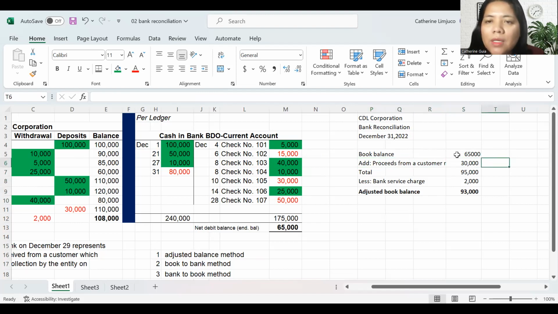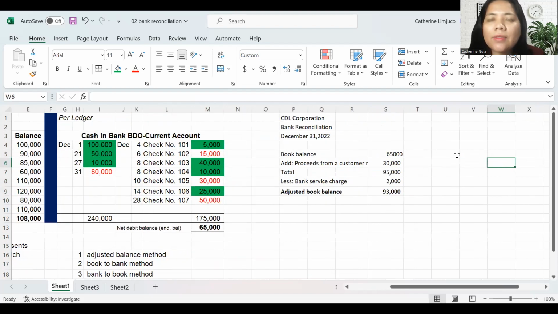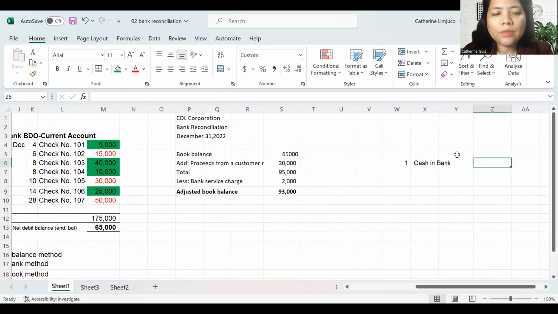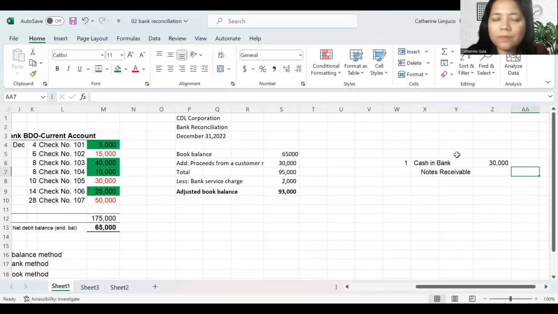As mentioned, in terms of adjusting entries, only book reconciling items require adjusting entry. So for these proceeds and bank service charge, we will prepare a corresponding adjusting entry. And since this 30,000 represents payment of our customer, our adjusting entry is we debit cash in bank 30,000 and we will credit notes receivable by the same amount.